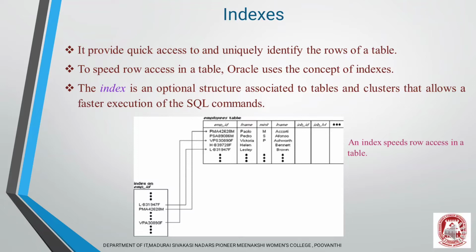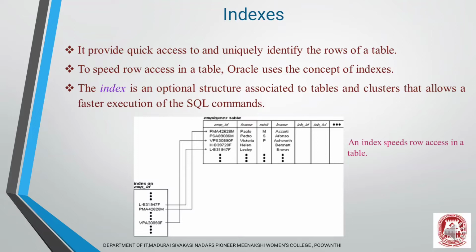The same way, you are going to use the index in a database too. We have a lot of records in a table. If you want to search for a particular record in a table, the access time, the time to get that particular record, will be reduced with the help of indexes.